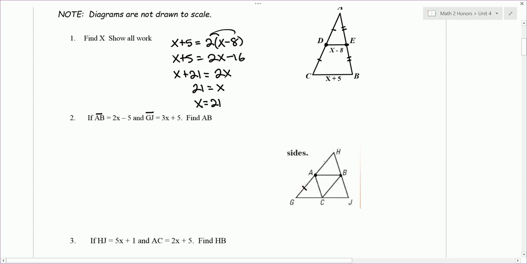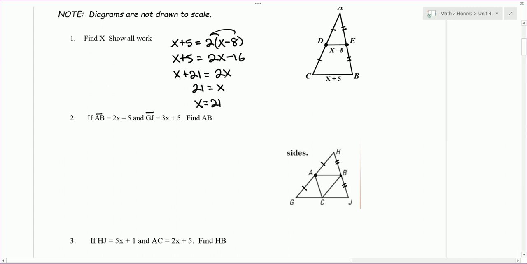Length GA is the same as length AH, so A is a midpoint of GH. Also, the length of JB is the same as the length of HB, so B is a midpoint, making AB a midsegment of this triangle.